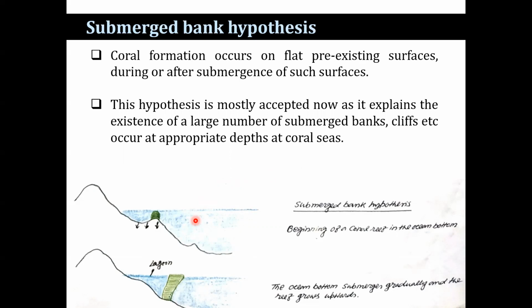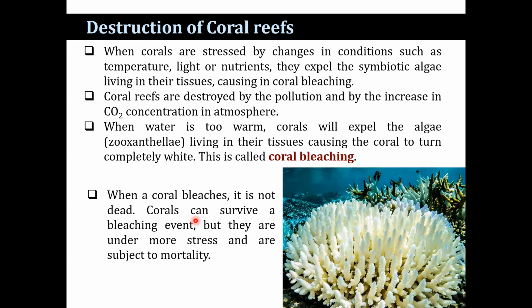Now, how are coral reefs destroyed? When corals are stressed by changes in conditions such as temperature, light, or nutrients, they expel the symbiotic algae living in their tissues, resulting in coral bleaching. Coral reefs are destroyed by pollution and by the increase in carbon dioxide concentration in the atmosphere.